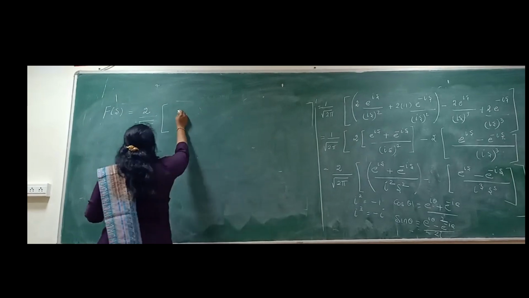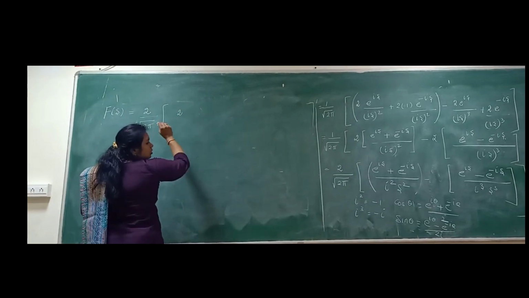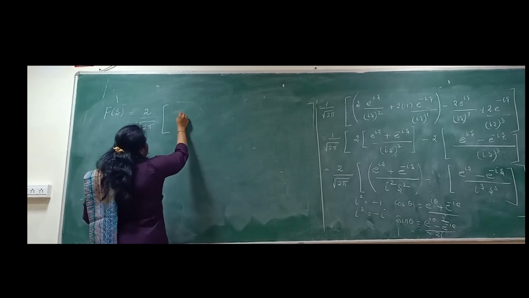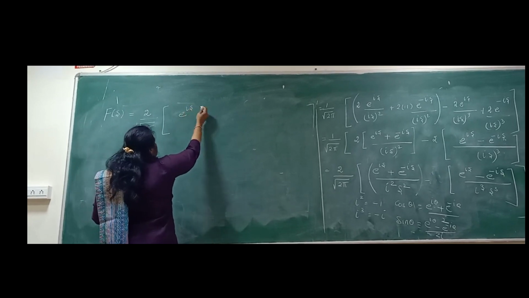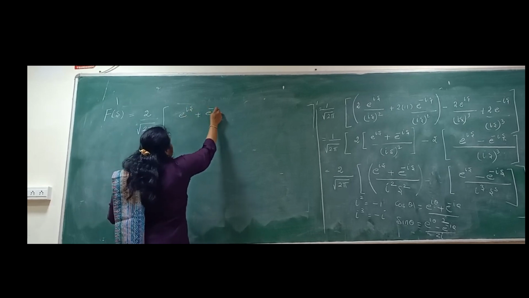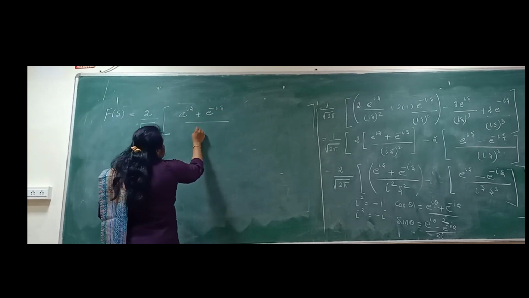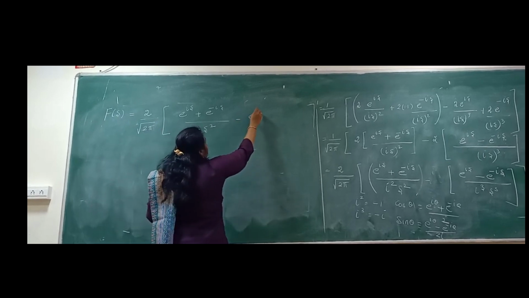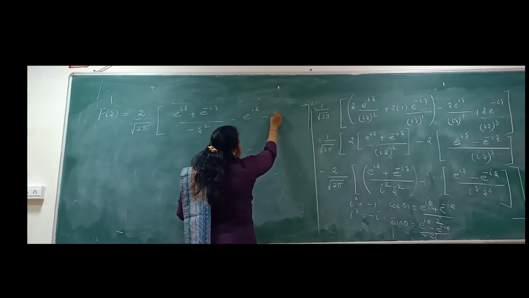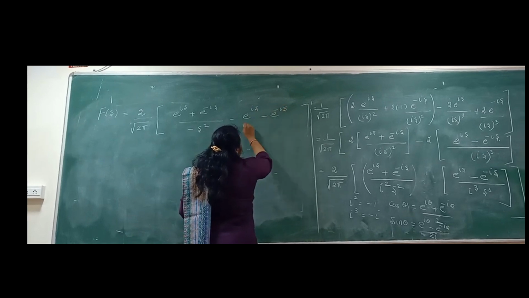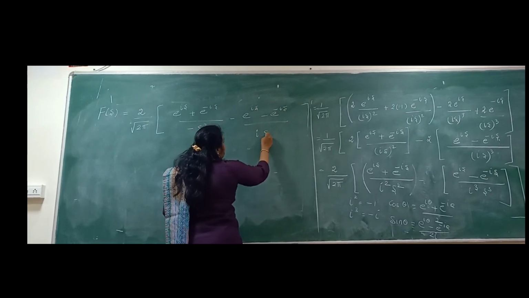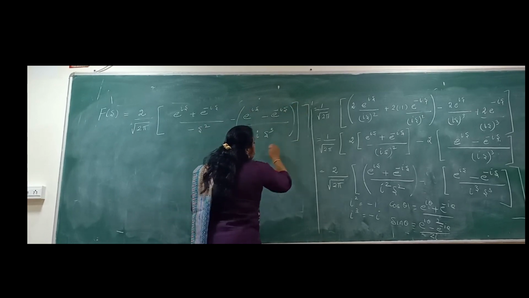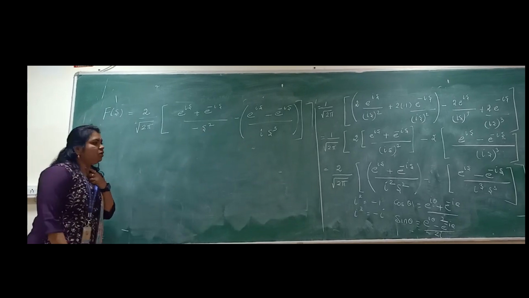So 2 into, no, we will do that square term outside so that we will not get confused in the i term, which is minus s square minus e power is minus e power minus is divided by i into s cube. Okay, i into s cube.